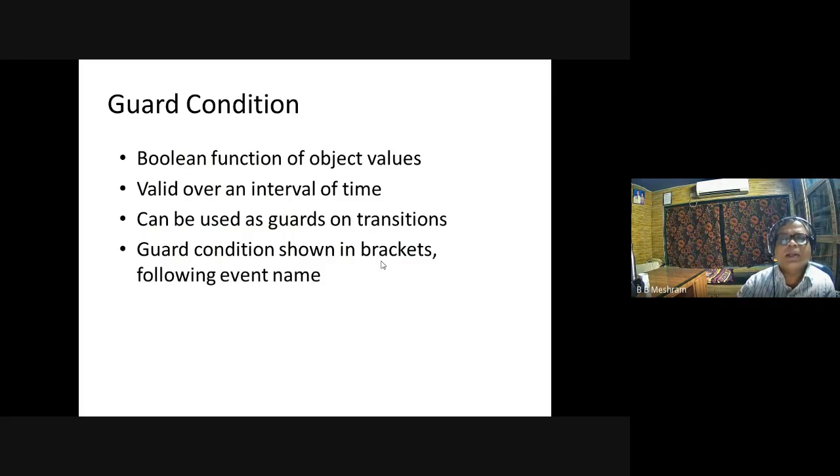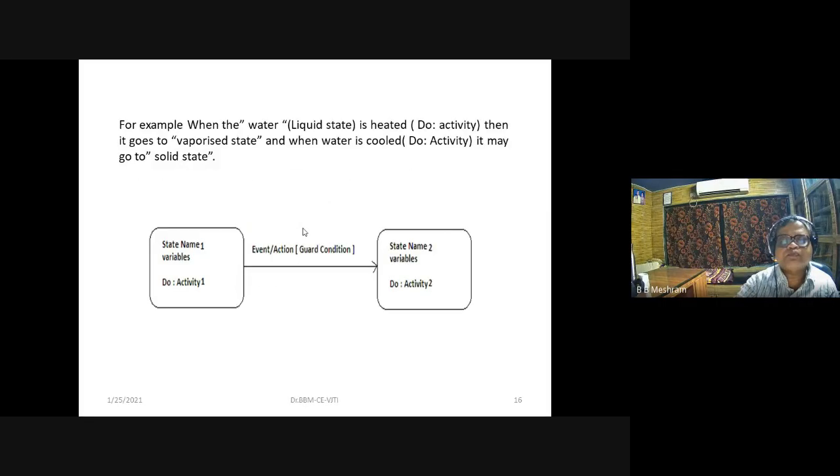In summary, the guard condition is a Boolean function of object values. Guard condition is valid over an interval of time. It can be used as guards on transitions. Guard condition is shown in brackets following the event name.